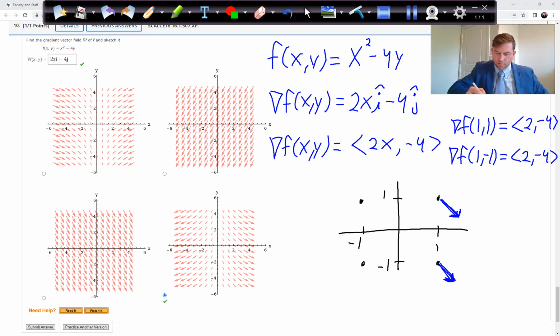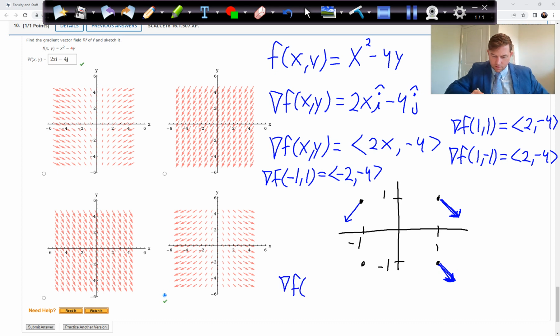Then we're going to be over here. The gradient vector at (minus 1, 1) would be the second quadrant. Well, this is going to be a little different. We're going to get <minus 2, minus 4>. So this is going to go 2 left and 4 down, so it's going to look like that. Then the last one is going to be (minus 1, minus 1).